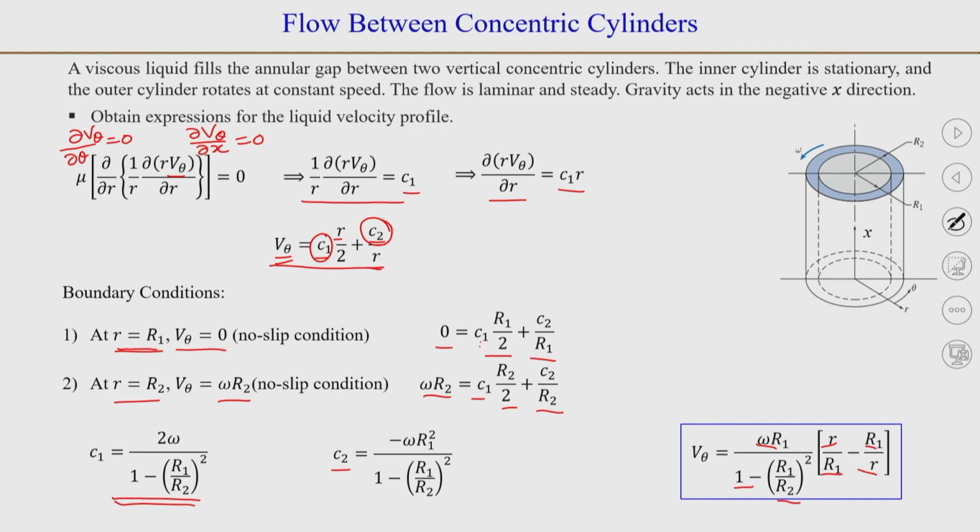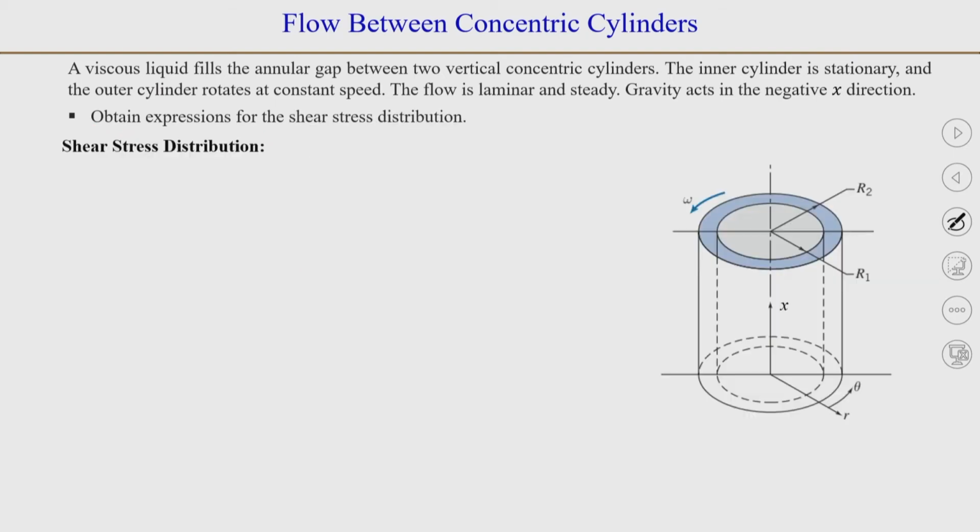Now, the next task is to find the shear stress distribution. Because the flow is again along one direction only, among the 6 shear stresses you will have only 2 shear stresses, tau r theta or tau theta r, which are non-zero.